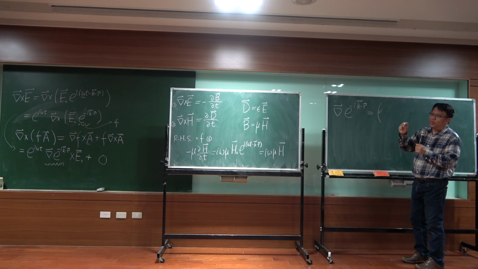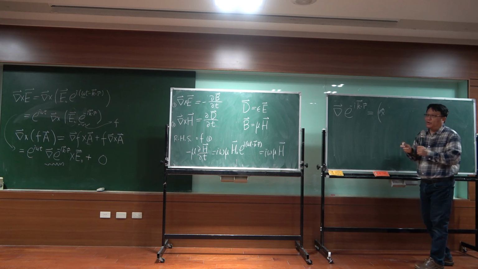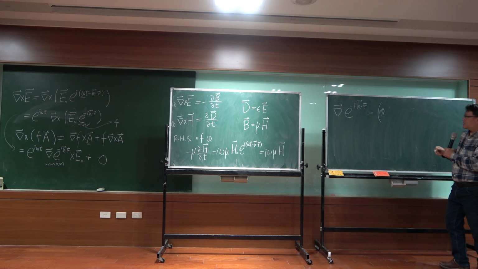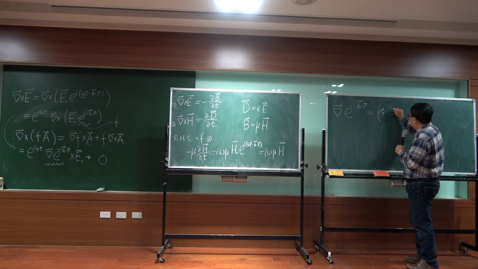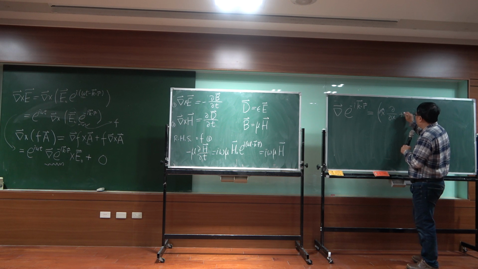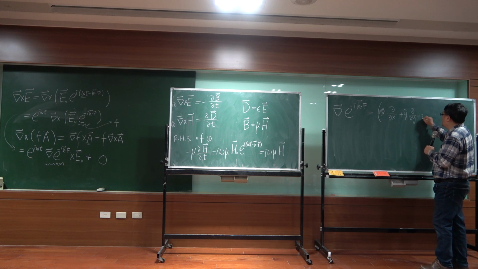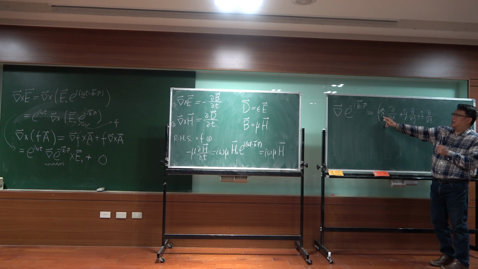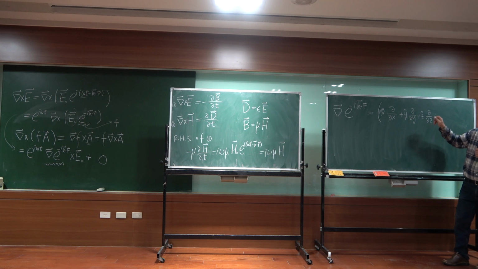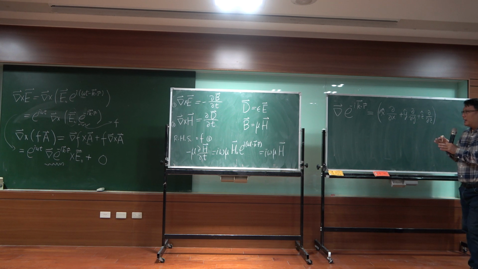I use x hat, y hat, z hat as the unit vectors along the x-axis, y-axis, and z-axis. So we have x hat partial x plus y hat partial y plus z hat partial z. Here x hat, y hat, and z hat are the constant unit vectors along the axes.